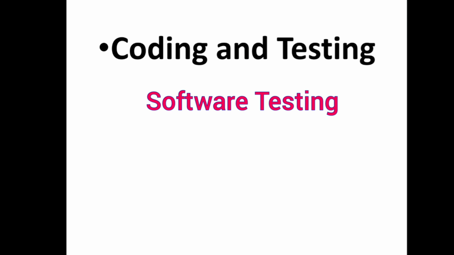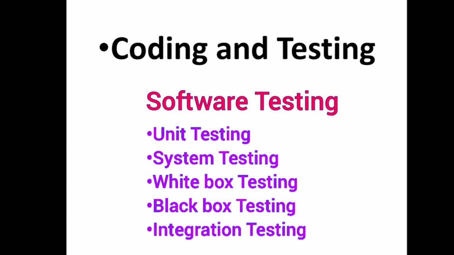And testing includes further topics like unit testing, system testing, white box testing, black box testing, and integration testing. Fine. And remember students, a lot of questions come on this topic also. So you had better prepare this topic thoroughly.